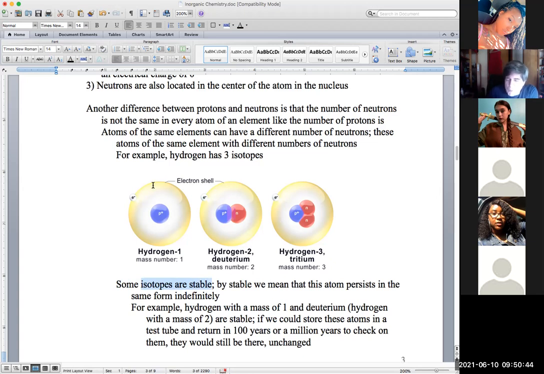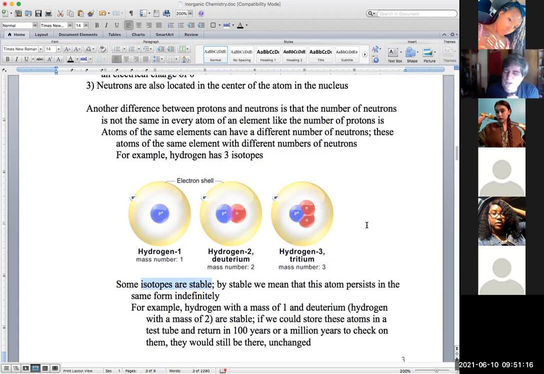If we could take 1 atom of hydrogen 1 or 1 atom of hydrogen 2, and put that in a test tube so we could keep track of it, we could come back in a week or a month or a year or a century, and that 1 atom would still be there. Nothing would have happened to it. But some isotopes, like H3, are unstable. And after a while, they change into a different element.